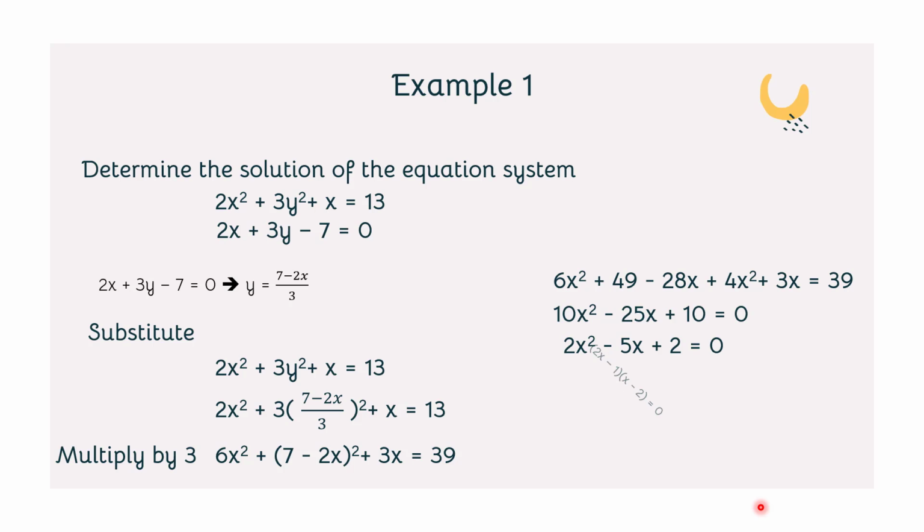So the factors will be 2x minus 1 and x minus 2 equals 0. The solution for the x value, or the abscissa, will be a half or 2. We substitute back to y equals (7 minus 2x) over 3. So we have y equals 2 for x equals a half, and y equals 1 for x equals 2.